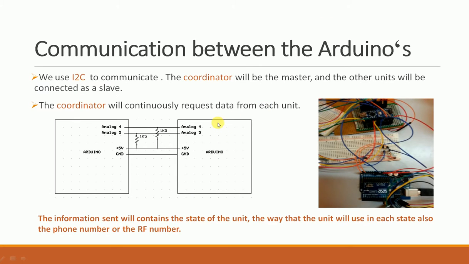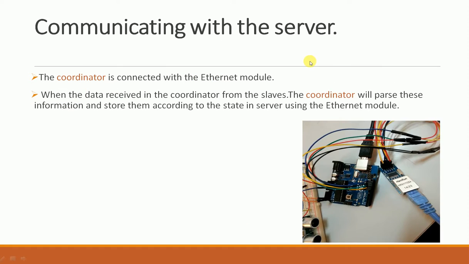The coordinator will continuously request the data from each unit. Communicating with the server: the coordinator is connected with the Ethernet module. When the data is received in the coordinator from the slaves, the coordinator will pass this information and store it according to the state in the server using the Ethernet module.